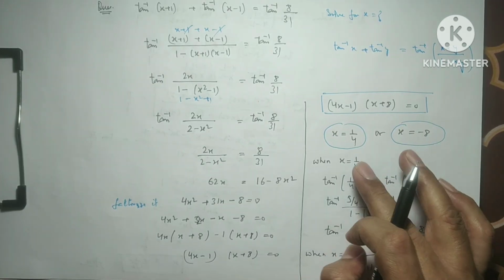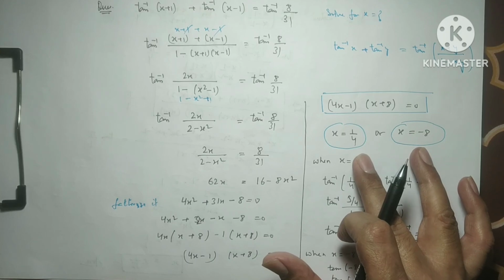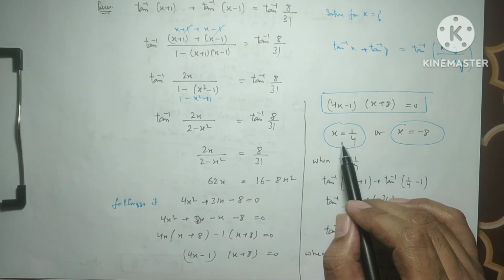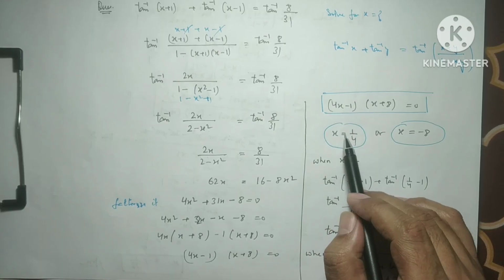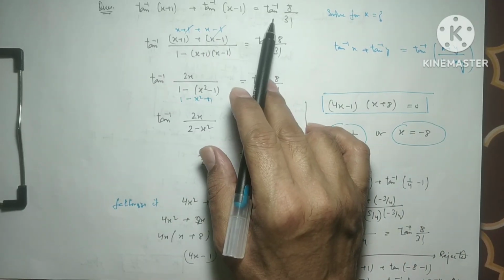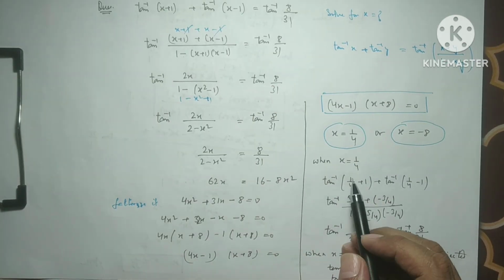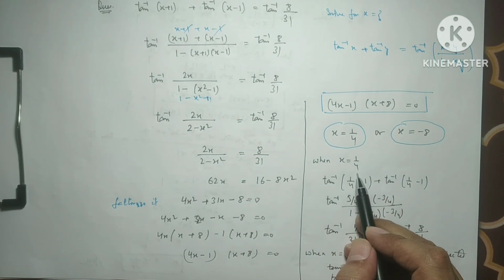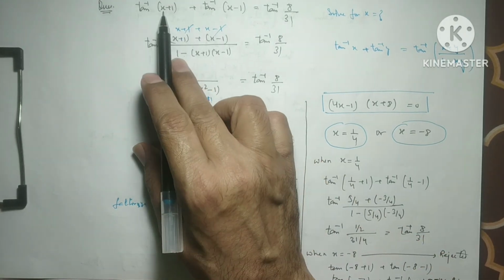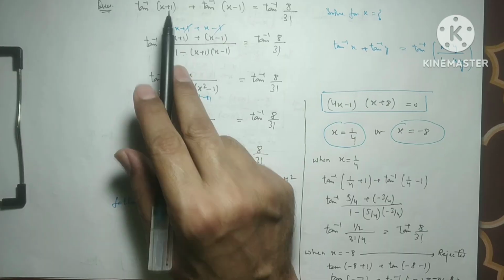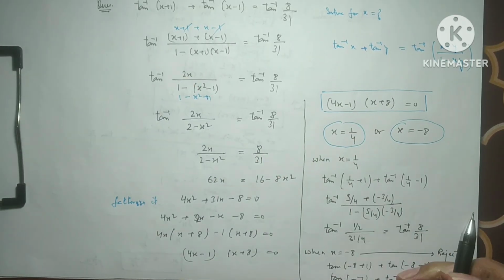So right now we will check these two values in the given equation, and we will check which value of x will satisfy this equation, and that will be accepted. So right now we are taking x equals 1 by 4. On putting this value in this, x is 1 by 4, so it is 1 by 4 plus 1, that becomes 5 by 4.